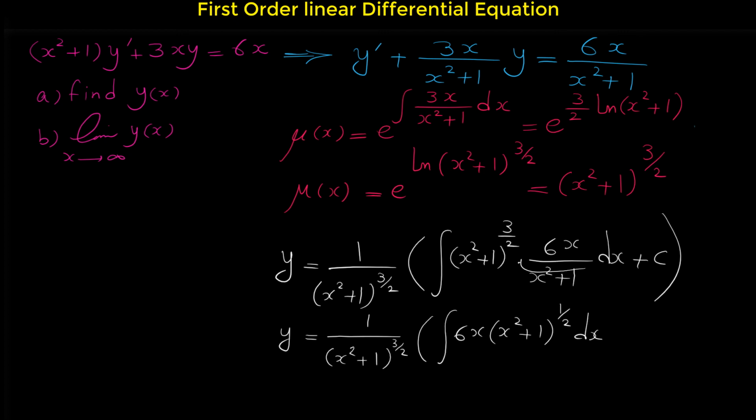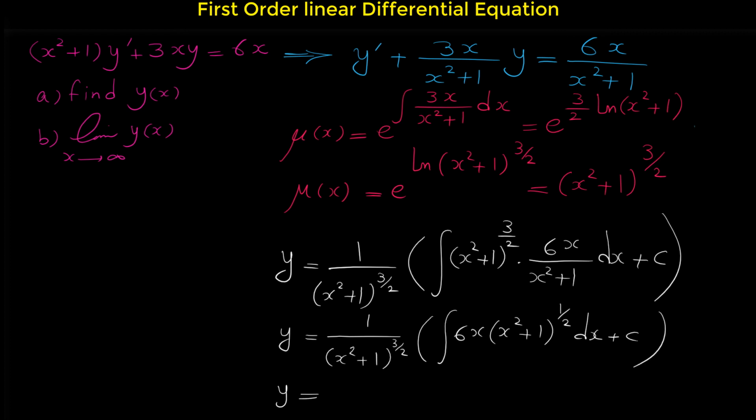Again, if we simplify this part of the expression, x squared plus 1 to the power of 3 over 2 over x squared plus 1 is x squared plus 1 to the power of 1/2. Because if we subtract the power of the bottom from the power of the top, 3 over 2 minus 1 is 1/2.